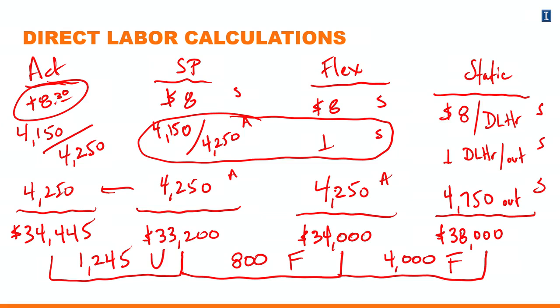When I look at the price, what I calculated as $8.30 being the actual price that we spent per direct labor hour, we spent more than we had expected. That means that relative to what we expected, or our standard, we would have higher costs. Higher costs, all else equal, would yield lower net income. So therefore, it's an unfavorable variance.